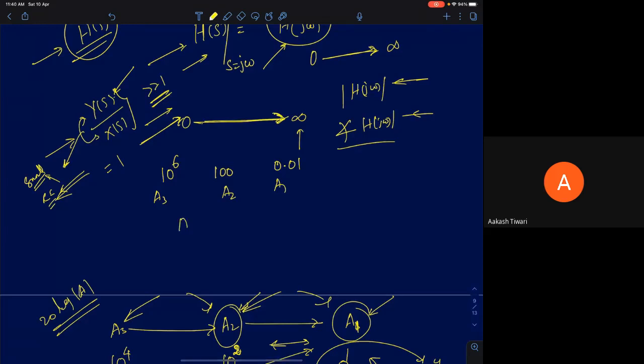Now, what is the ratio of A3 to A2 here? 10 power 4. What is the ratio of A2 to A1? That's also 10 power 4, right? A2 to A1 is also 10 power 4.